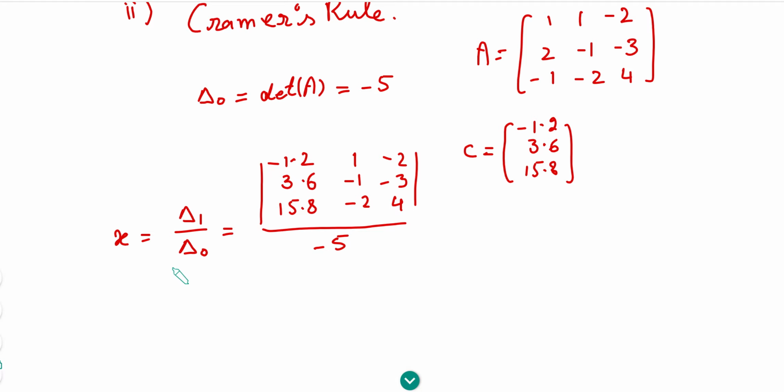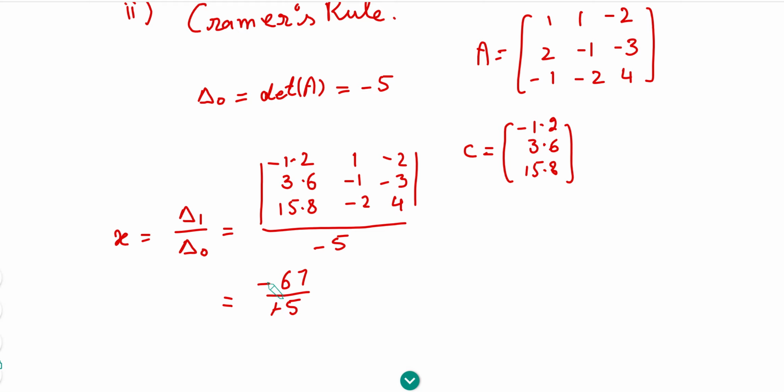So now we can find the determinant of this delta 1. That is the same method as we did in the beginning, so I am not writing everything here. I'm simply writing the value of delta 1, which is negative 67. So negative 67 divided by negative 5.